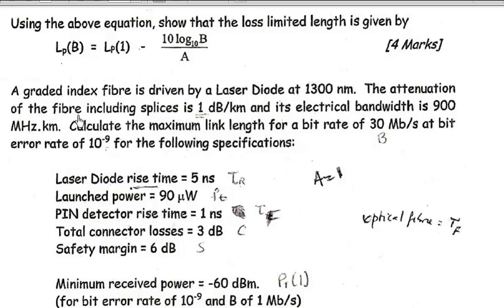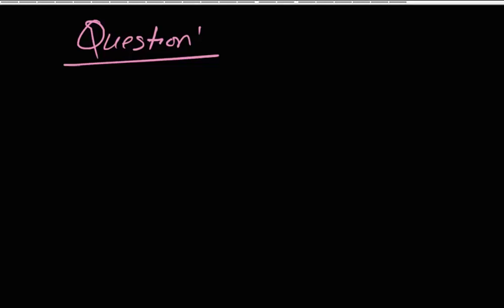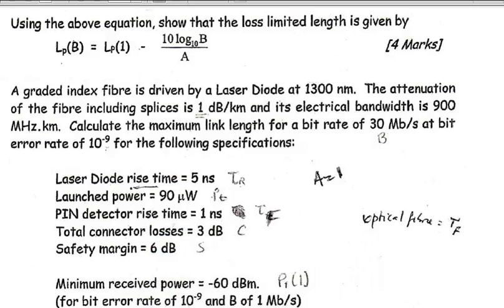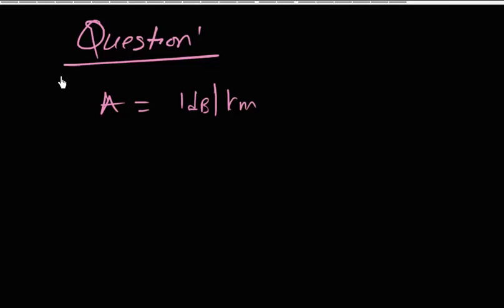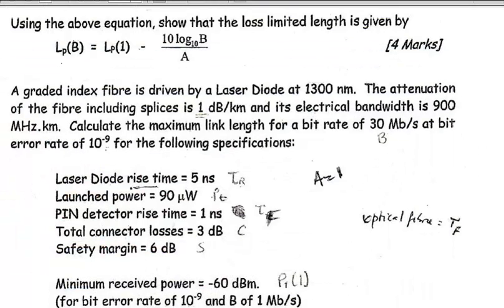Okay, so let's see. The attenuation of the fiber is 1, so that's A, right? They already give us that. Electrical bandwidth 900 FC megahertz dot kilometer.